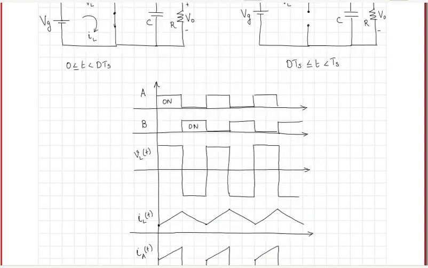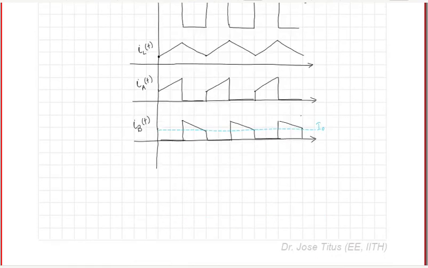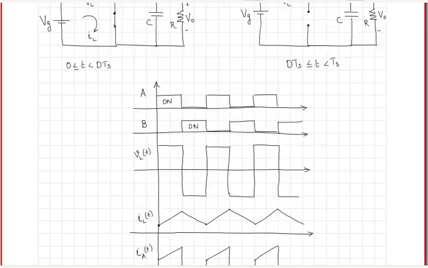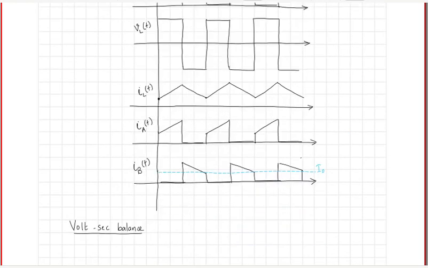So having drawn these waveforms, now let us try to apply volt-second balance and see what we get for the converter. So how do we do that? We look at the voltage across the inductor.